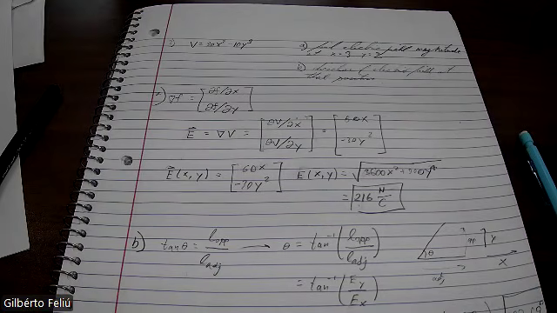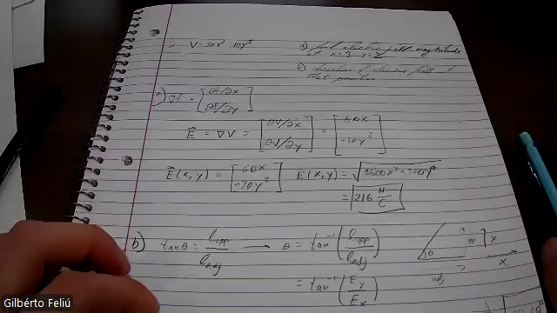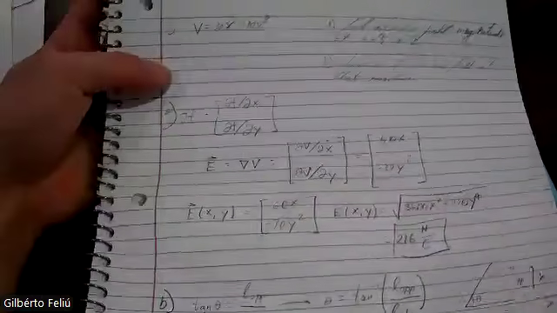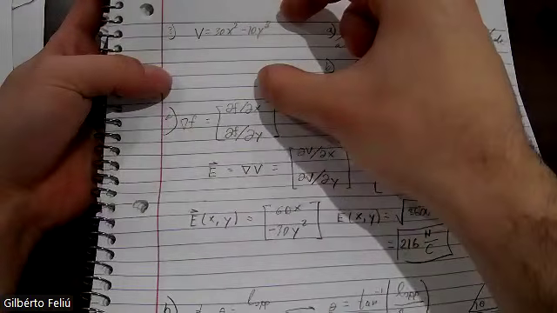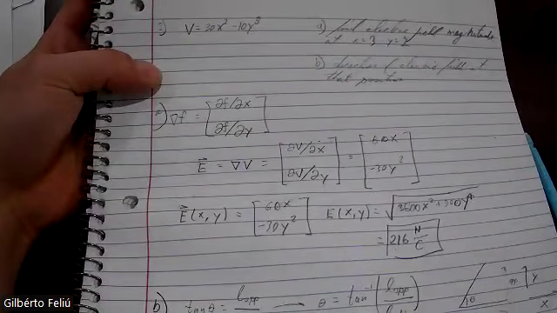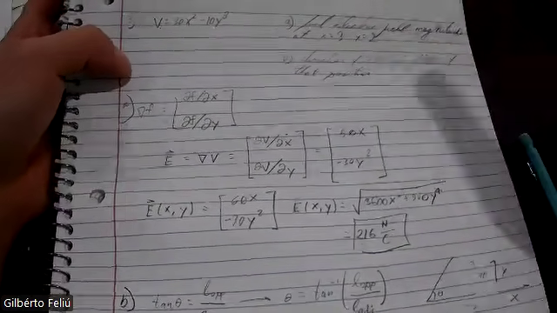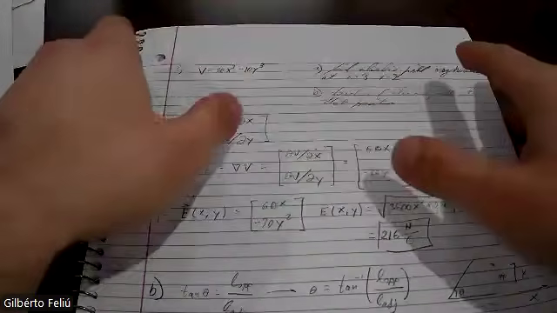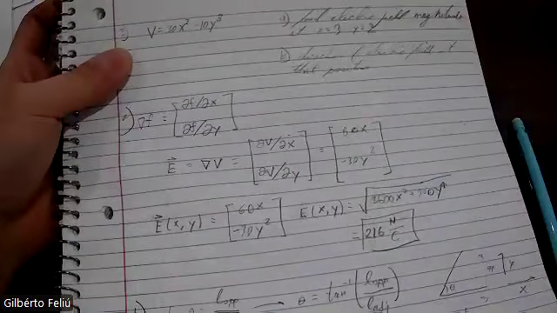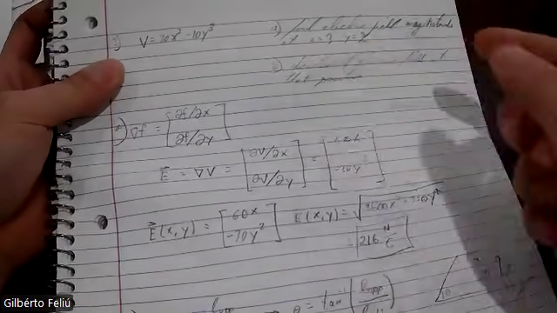Could you restate the problem for A? Yes. You have this expression in terms of x and y for the electric potential, and I want you to find, because I'm not going to tell you exactly what's on the test, but the closest I can get, for part A, the electric field magnitude at x equals 3, y equals 2.